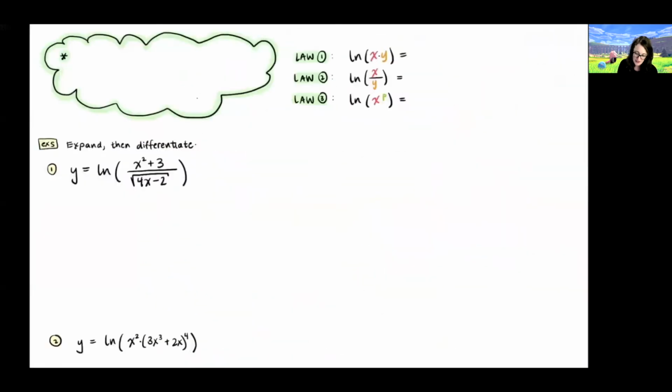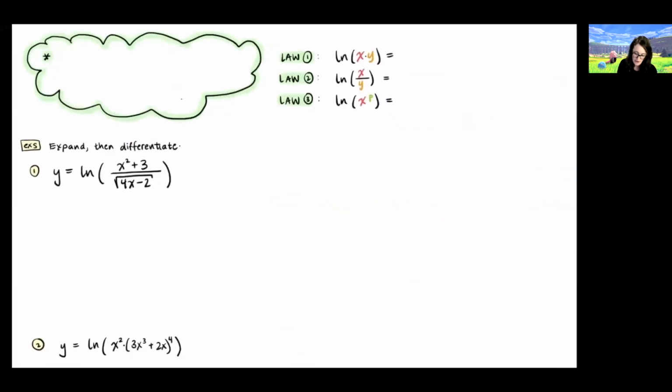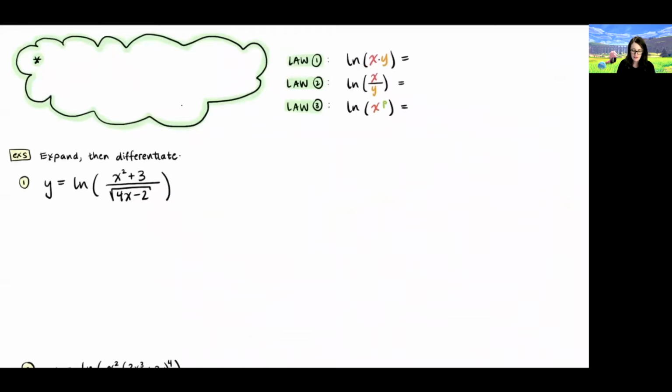Okay, moving on to things that are a little more complicated. Let's take a look at this example down here, where y equals the natural log of this quotient, x squared plus 3 over the square root of 4x minus 2. When you can use your log laws or log properties to expand before you differentiate, you should do that.